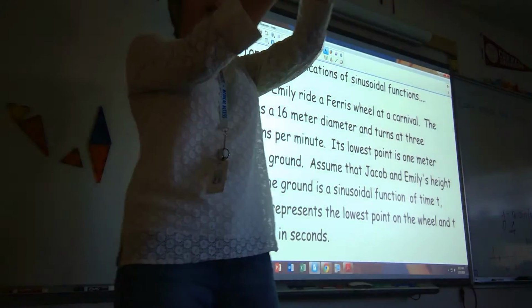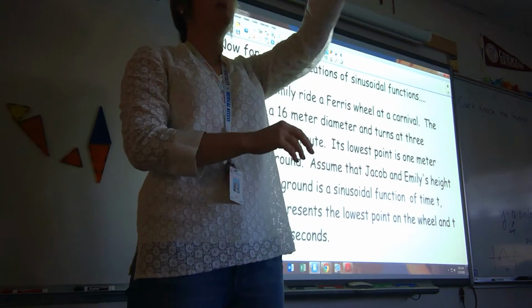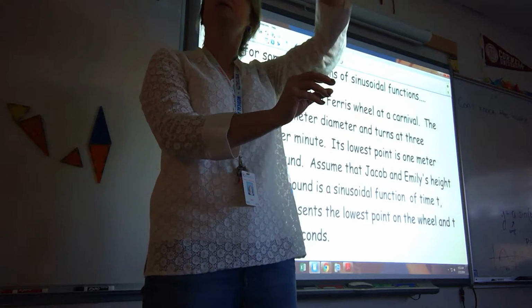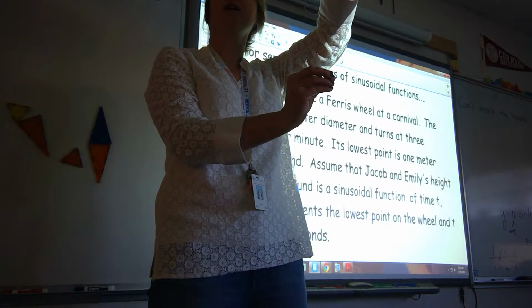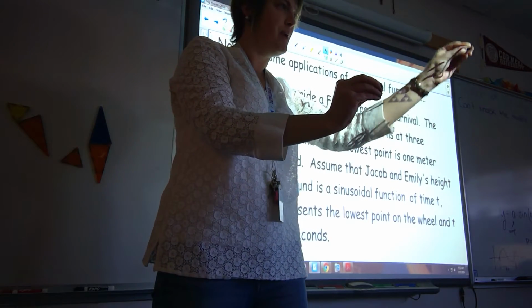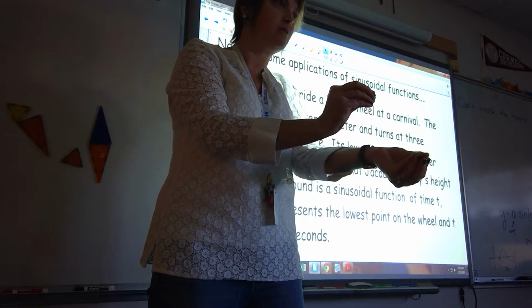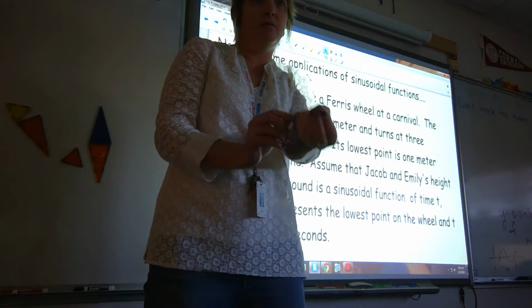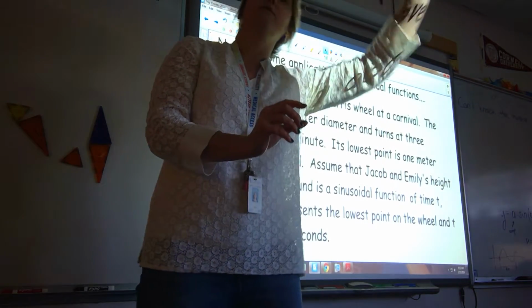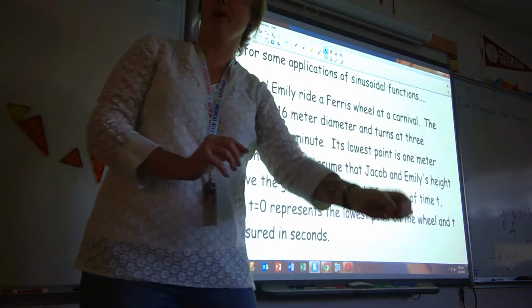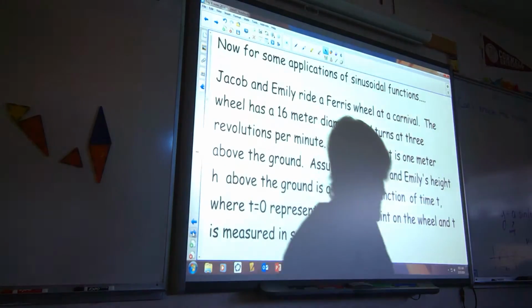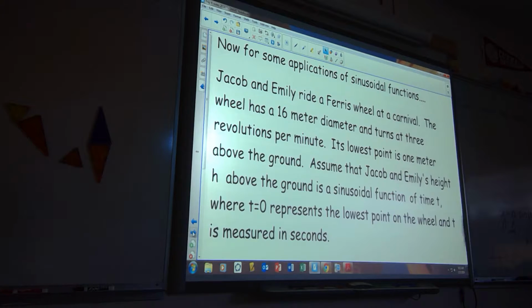Let's say you marked it at the top and you started driving, so it would start high on your tire and then get closer to the pavement, then be really at the pavement, and then get away from the pavement, and repeat that cycle over and over. So essentially anything that travels in a circular pattern can follow a sinusoidal curve.